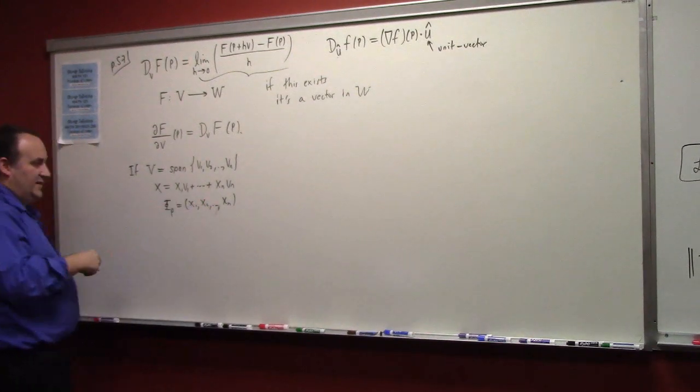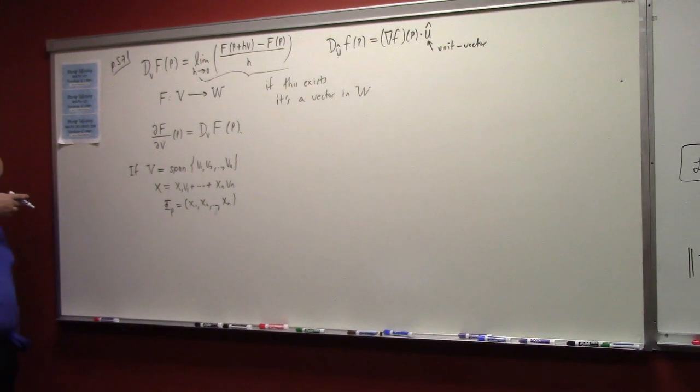You can view those as the coordinate functions of phi beta, I think. I think that makes sense.